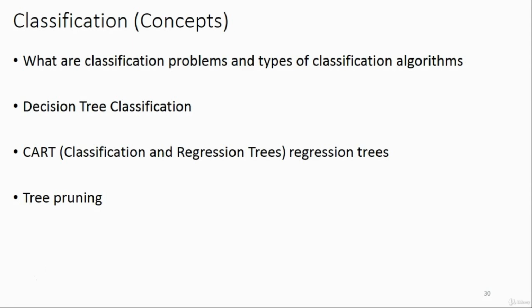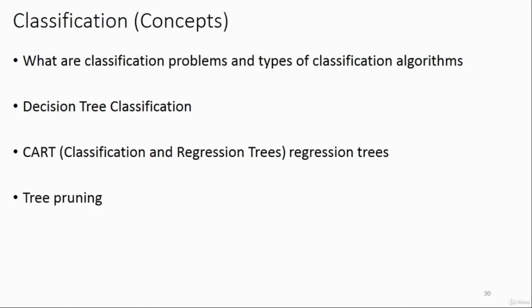This tree classification has been around for a good number of years, and it is sometimes known as CART. CART means classification and regression tree, basically the very basic tree algorithm used for both classification and regression.